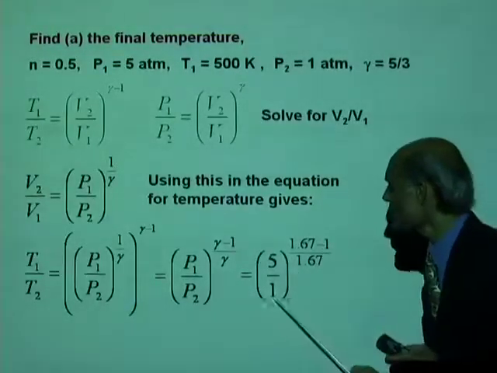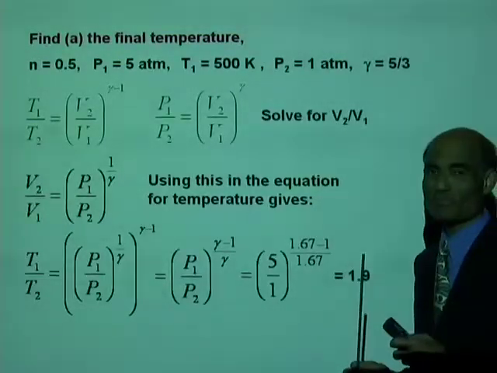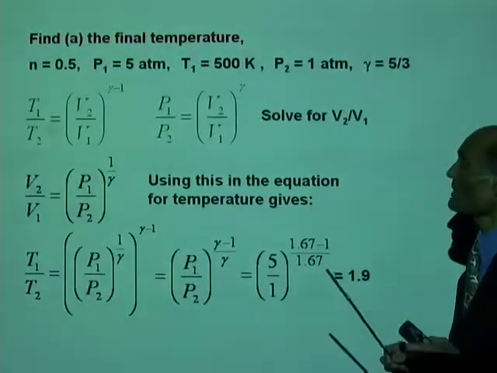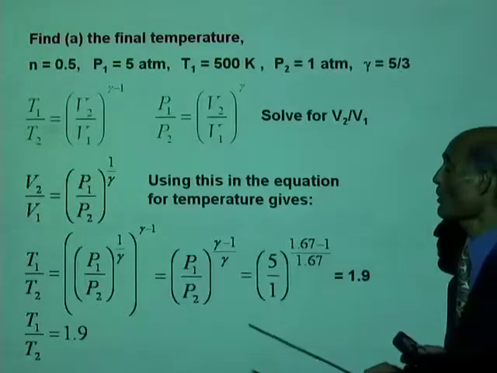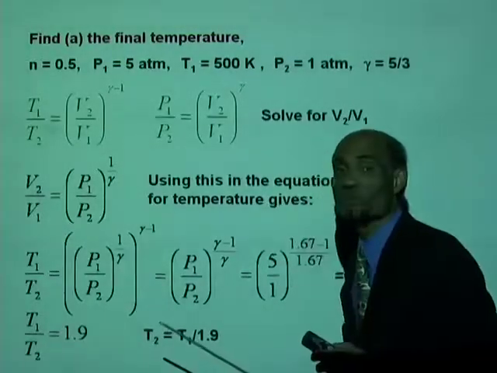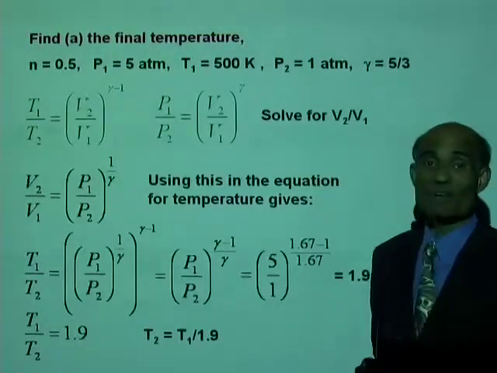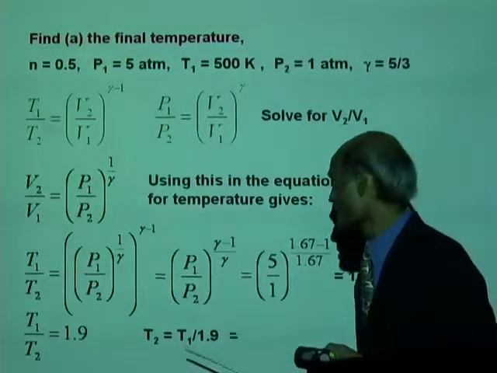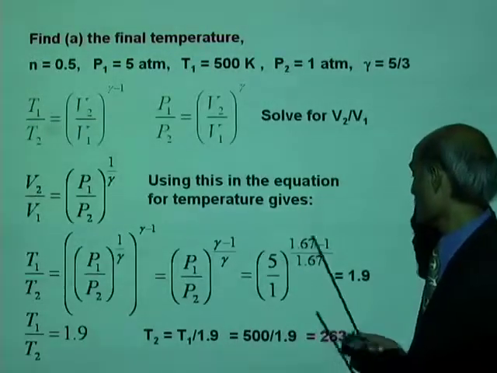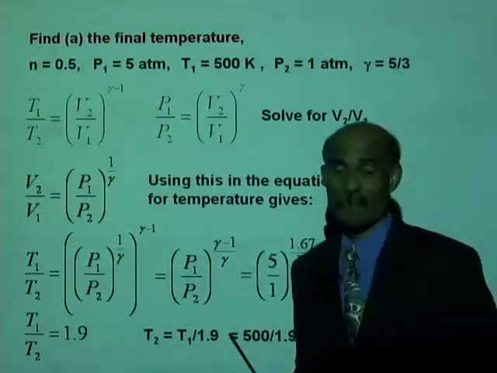You can do this on your calculator, and that gives you 1.9. T1 over T2 equal to 1.9. Therefore, what is T2 equal to? We are looking for T2. T2 equal to T1 divided by 1.9. And T1 we know is 500 Kelvin. And therefore, T2 equal to 263 Kelvin.